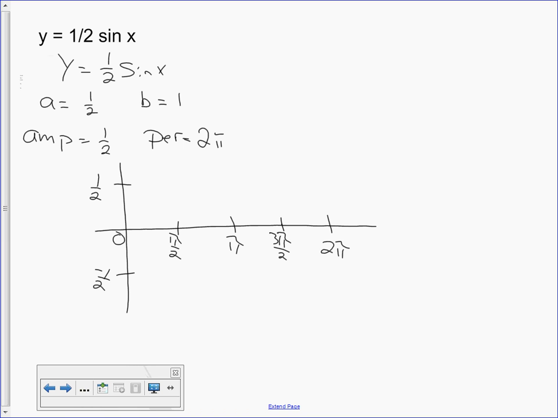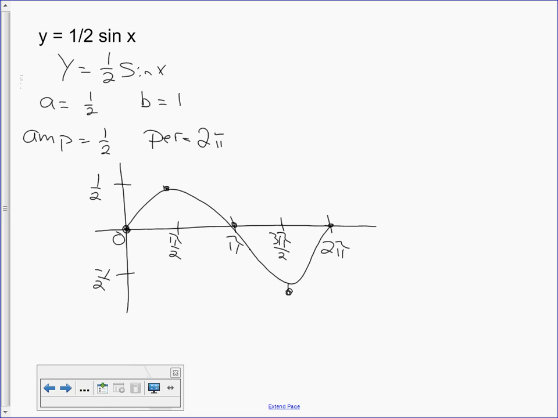No. Just mark the A and the opposite of A. And now, it's a sine function. Where does every sine function start? At 0. Since the A value is positive, it goes up, down, down, and up. Connect the dots.